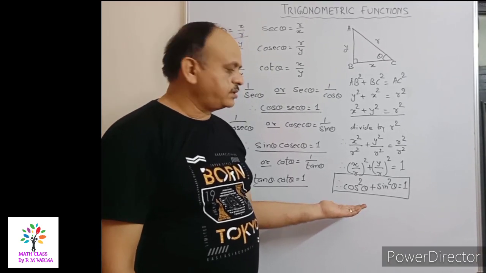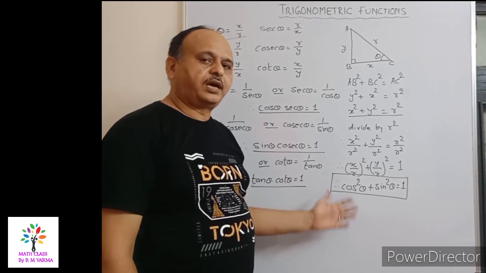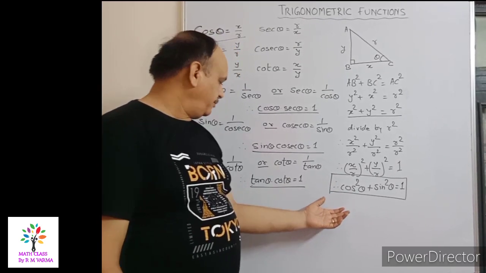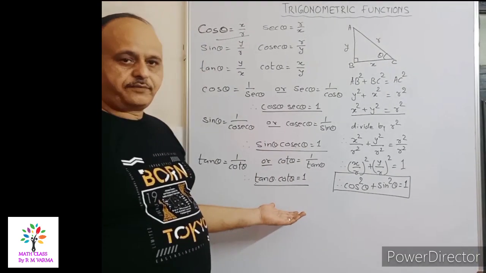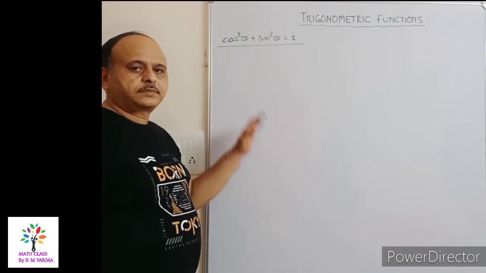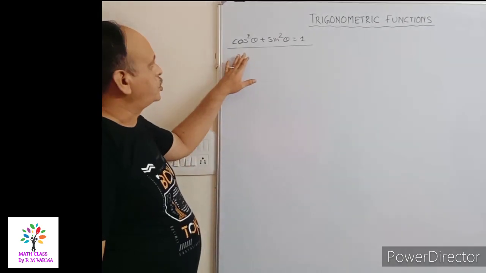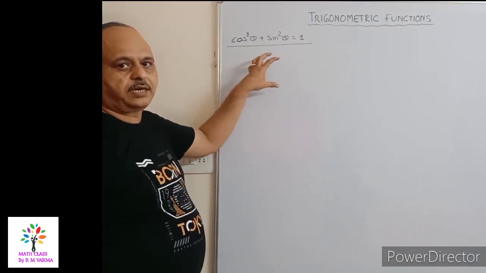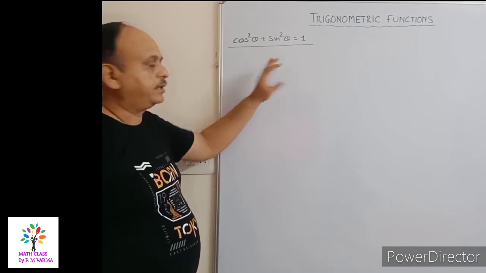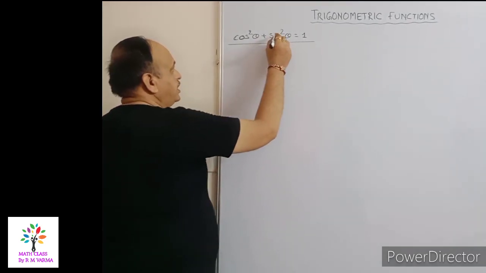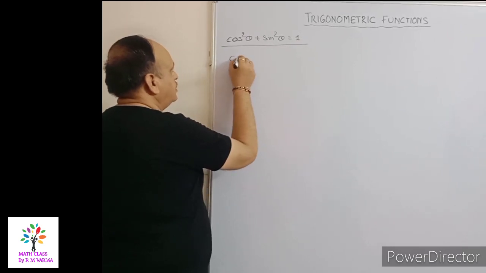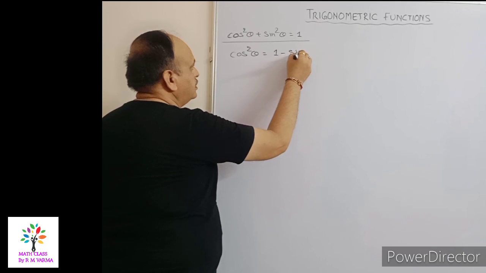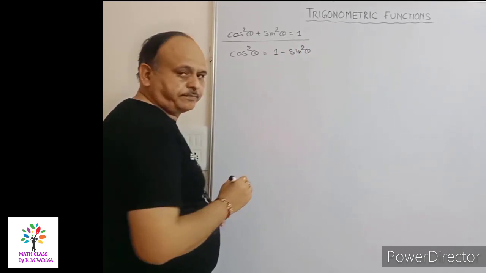Now with respect to this trigonometric identity, we can have all other trigonometric identities. Let us see after this. Now the basic identity: cos square theta plus sine square theta equals 1. From this I can interchange and get other identities. If I take sine square to the other side, cos square theta equals 1 minus sine square theta.